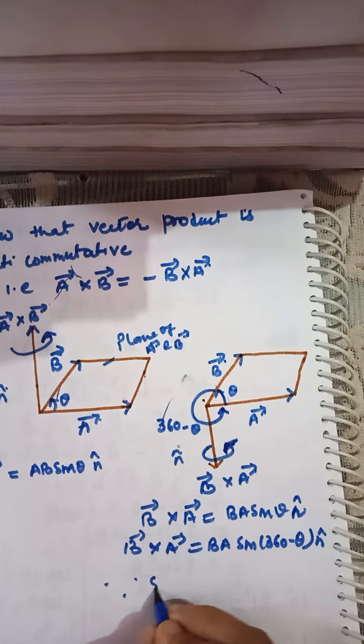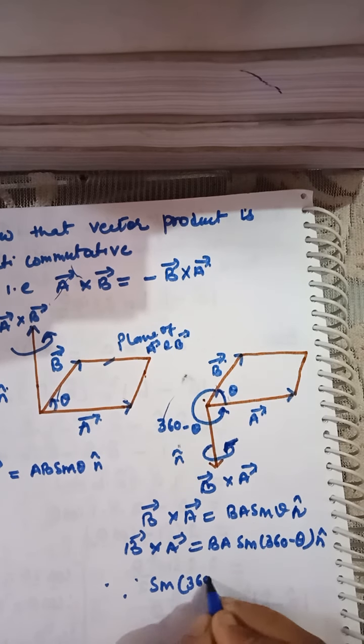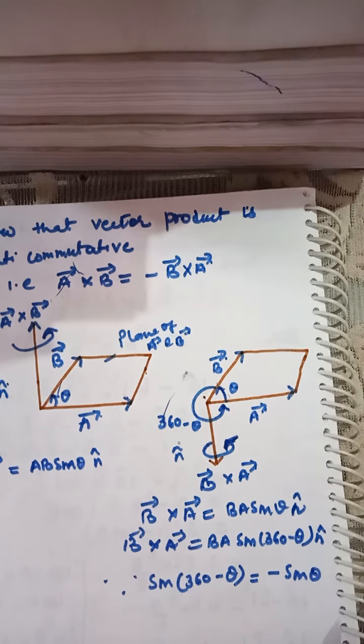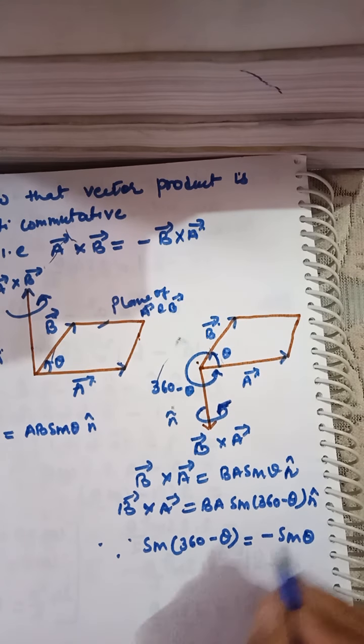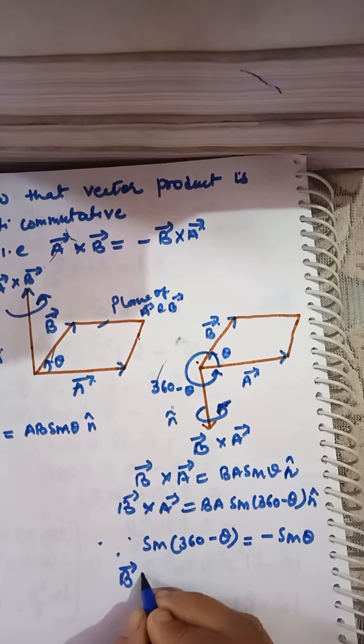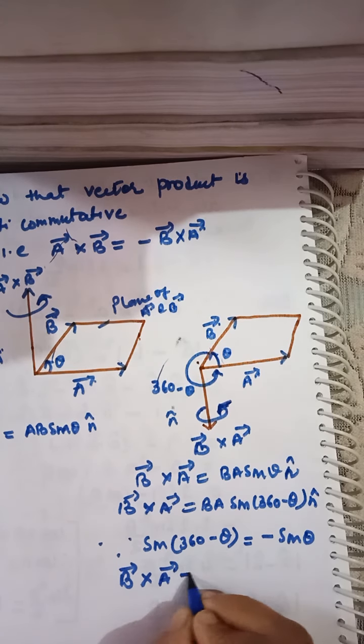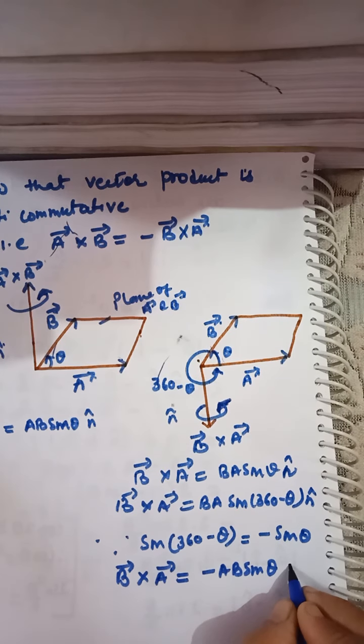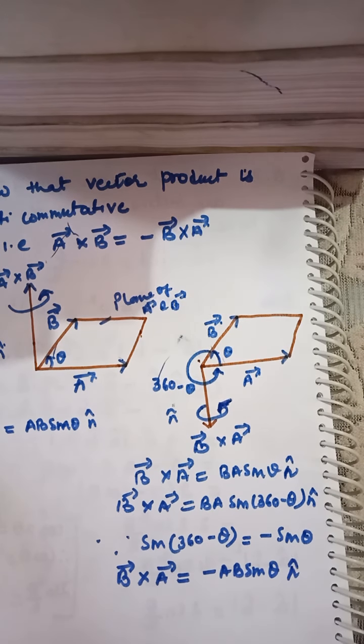And we know that sine of 360 minus theta is equal to minus sine theta. So this expression can be written as B vector cross A vector is equal to minus AB sine theta n cap.